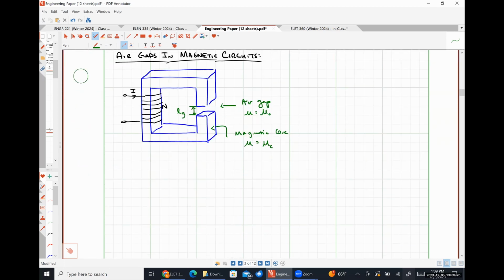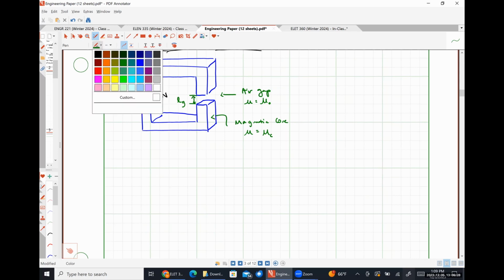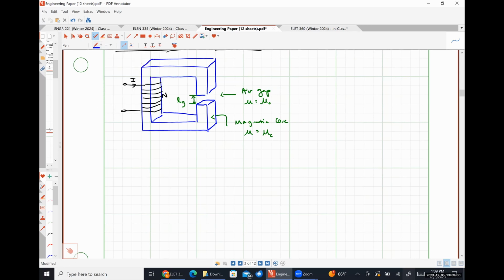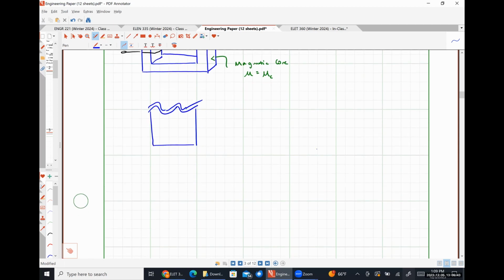So I'm going to attempt to draw something here. This is the portion of our core near the air gap. We have our air gap in the center, and these squiggly lines are me saying we're cutting the rest of the core out because we don't care about it.